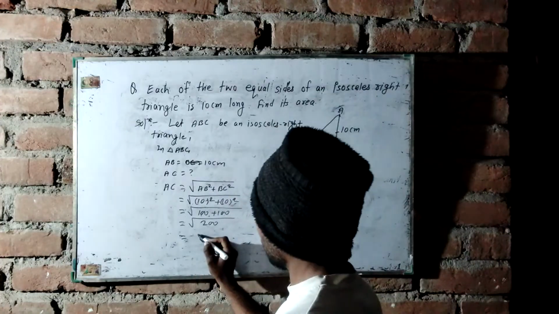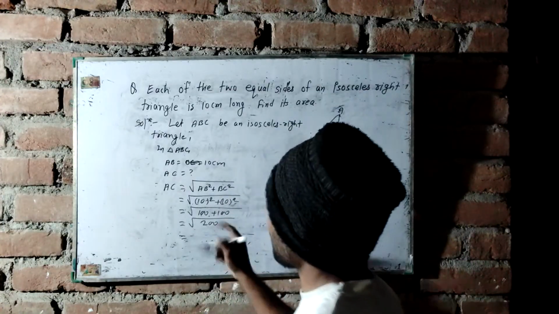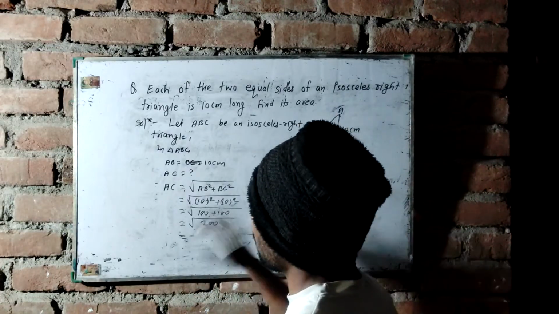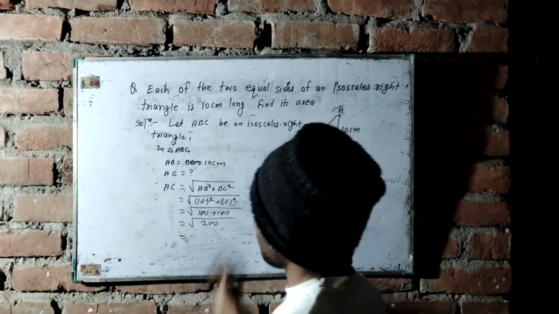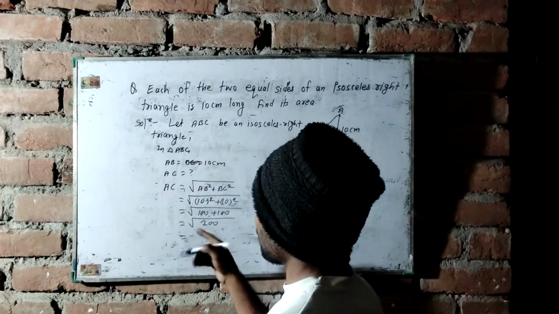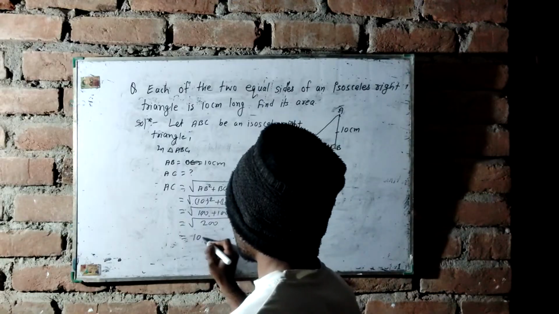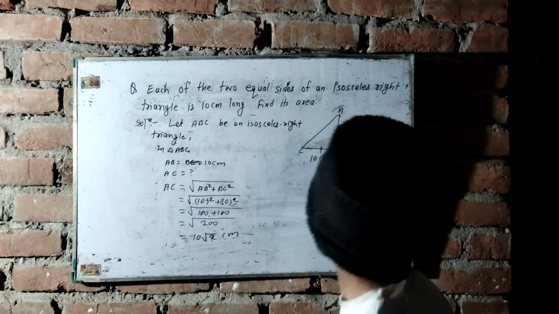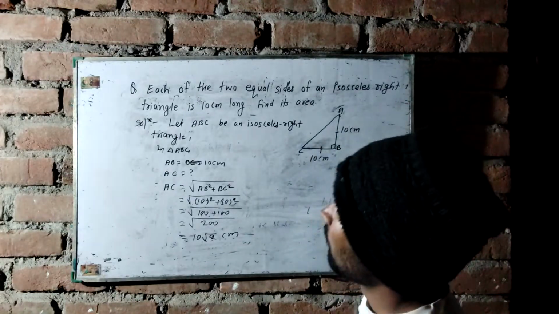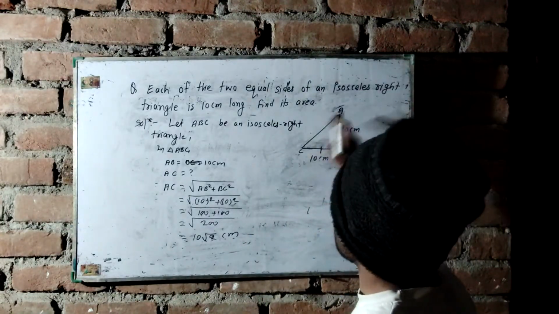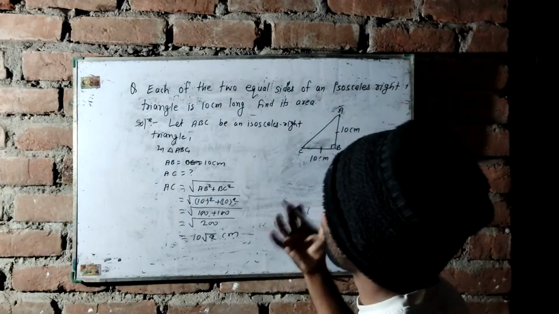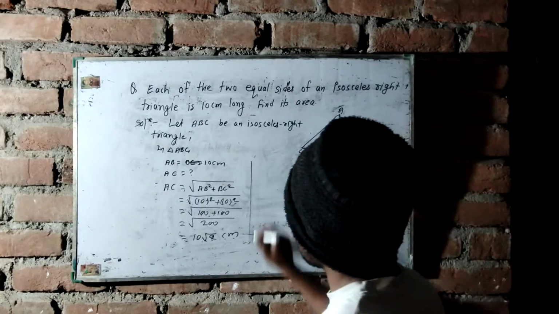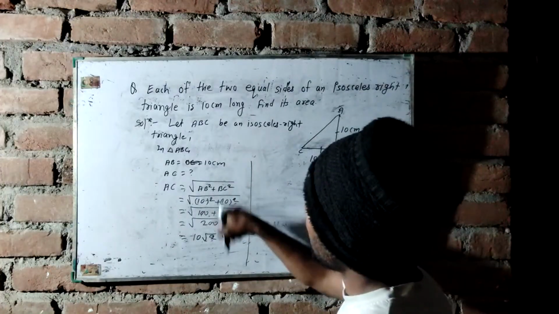You have to factorize this number as a product of prime numbers. After taking square root, you will get 10 root 2 centimeter. But we no need to find AC because we have to find the area of the given triangle.